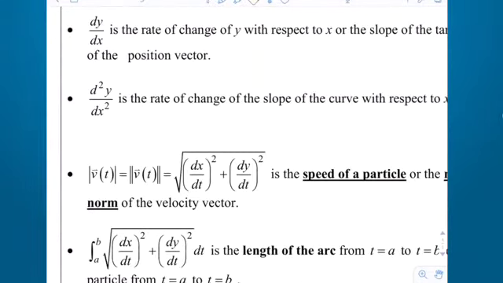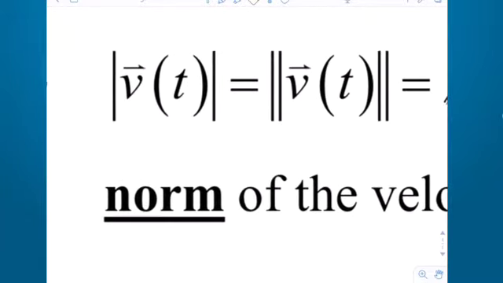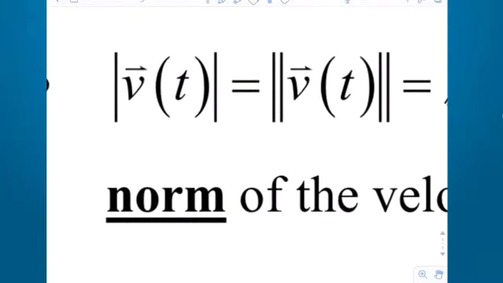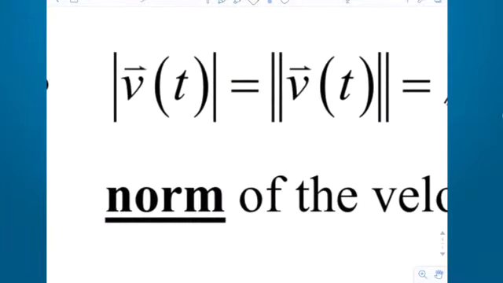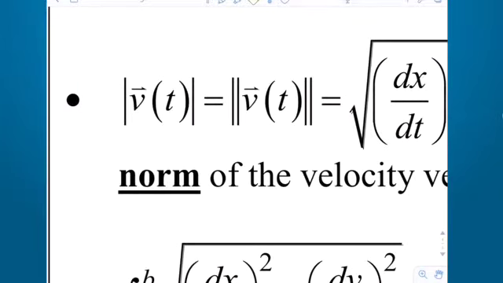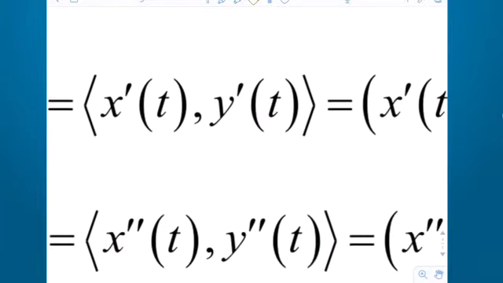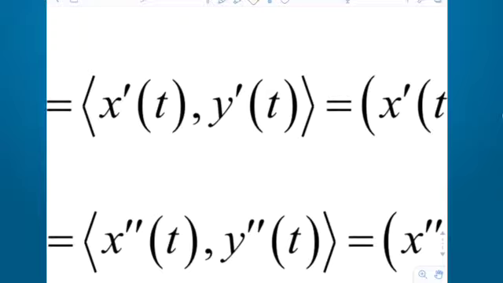Okay, so shifting gears here a little bit. The absolute value of velocity, we know that quantity to be called what? Speed, yeah. Well, if you take the absolute value of a velocity vector, what does it mean to take the absolute value of something that looks like an ordered pair? You just take the absolute value of each coordinate?